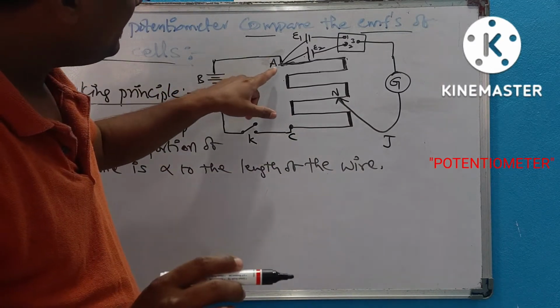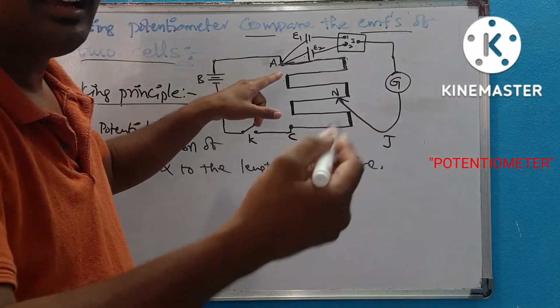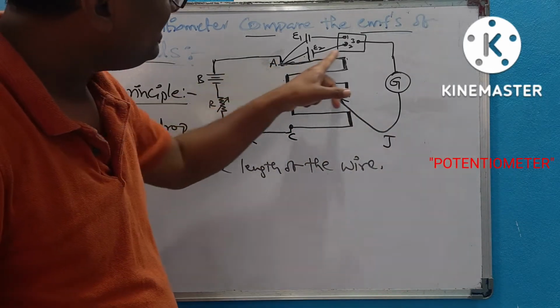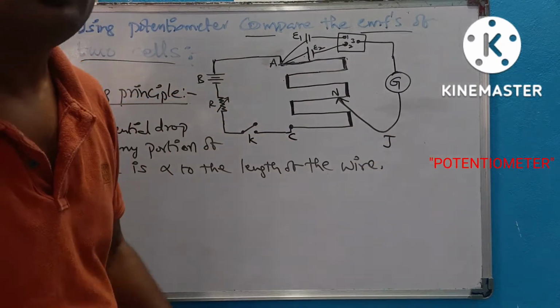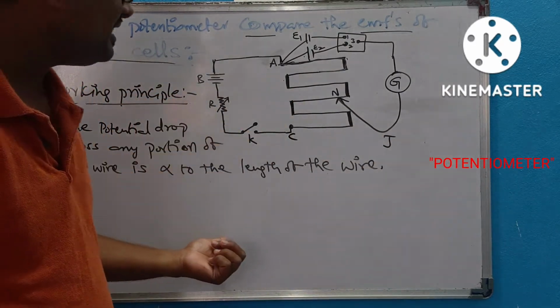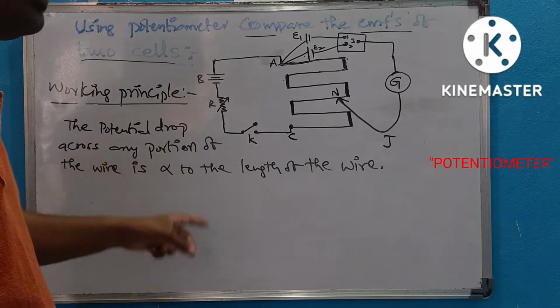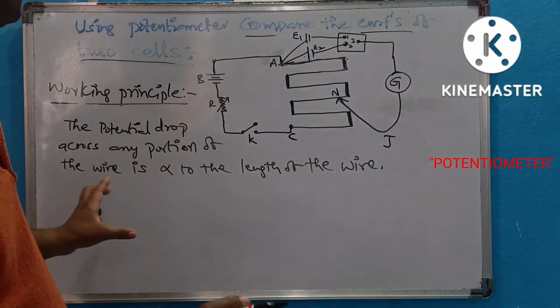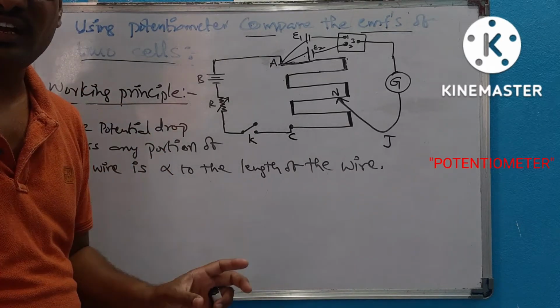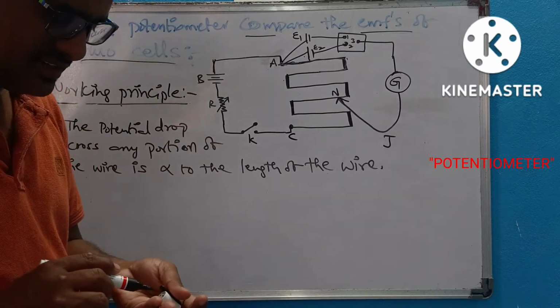That's why the working principle of the potentiometer is that the potential drop is directly proportional to the length of the wire. This is very important.